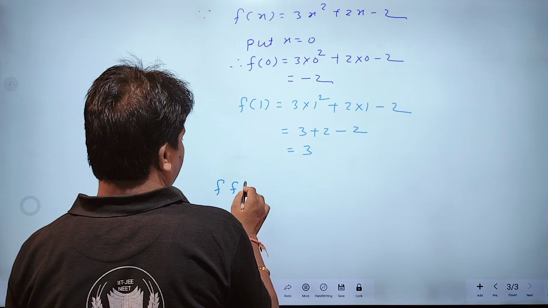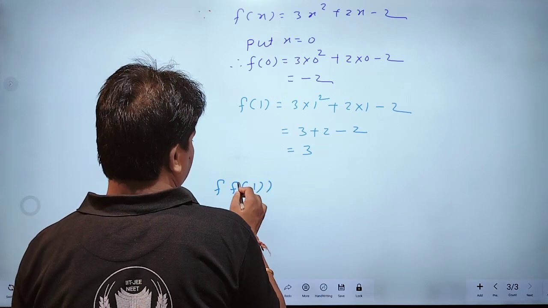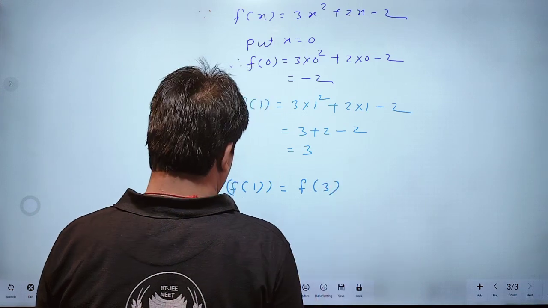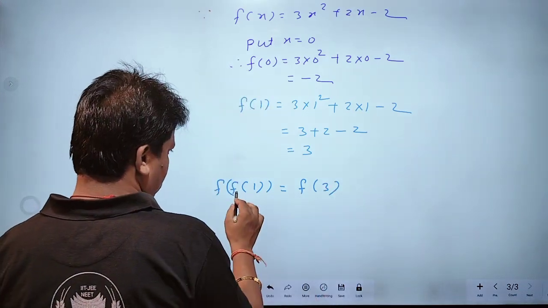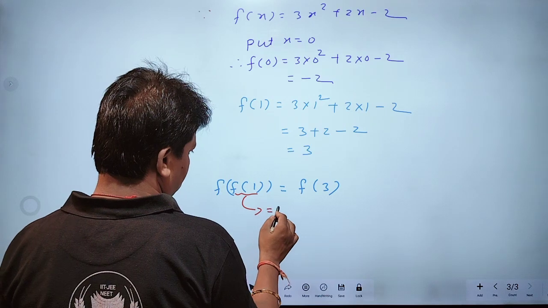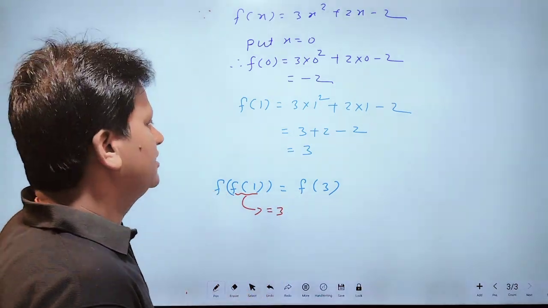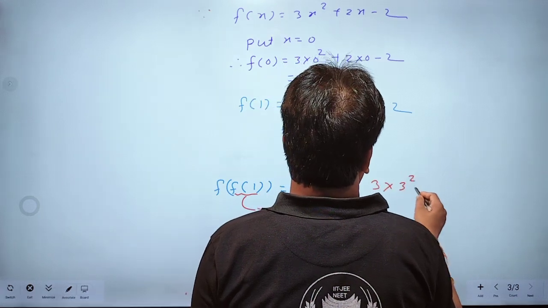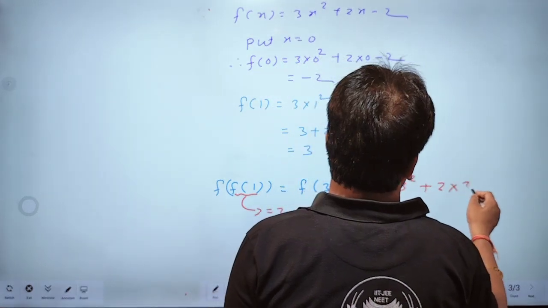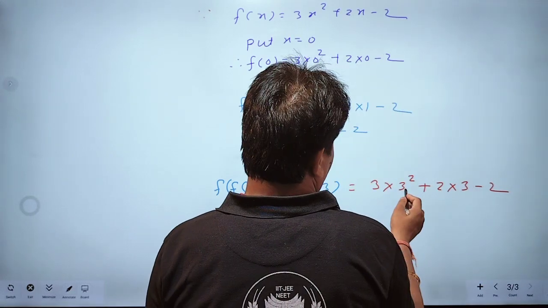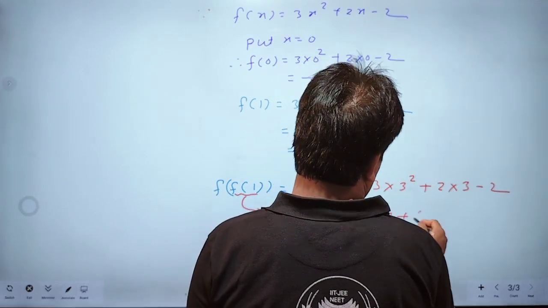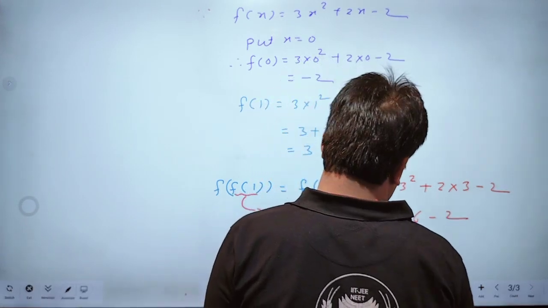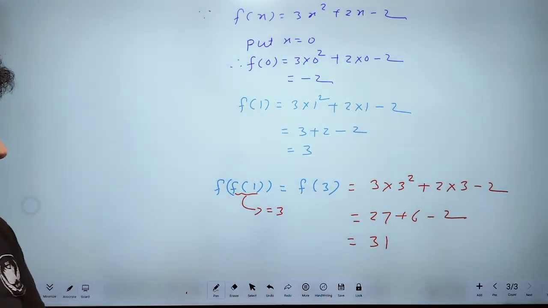What is the value of f(1)? This is 3. Therefore, 3 into 3 square plus 2 into 3 minus 2. 27 plus 6 minus 2. What is the value? 31. Okay? This is the answer.